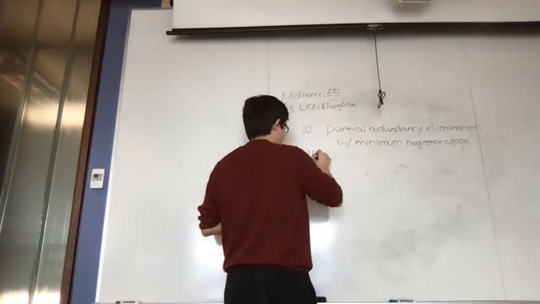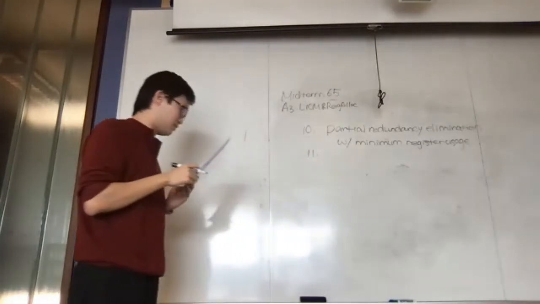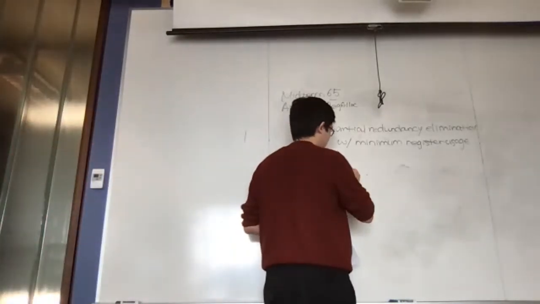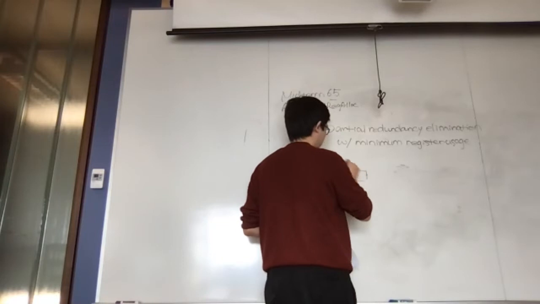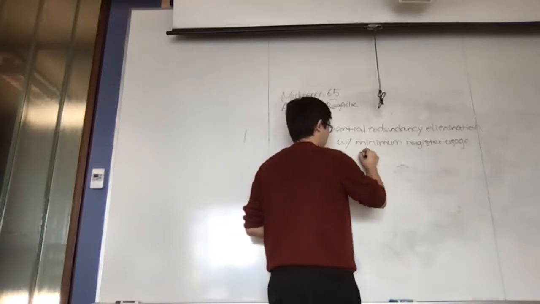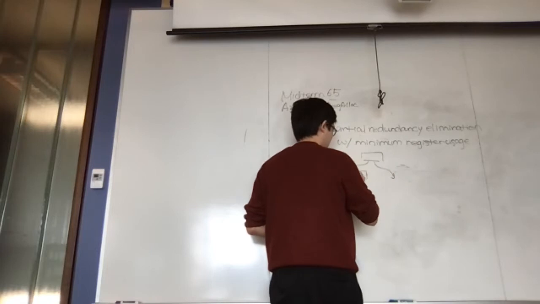Question 11 says, why an expression shall not be inserted at a place where it is not anticipated. So hopefully everyone still remembers the example that we have shown in class. Let's say there's an expression a plus b here.